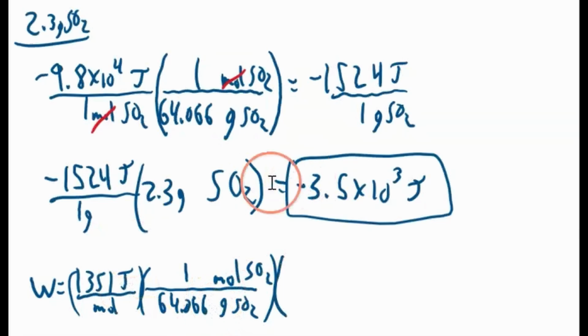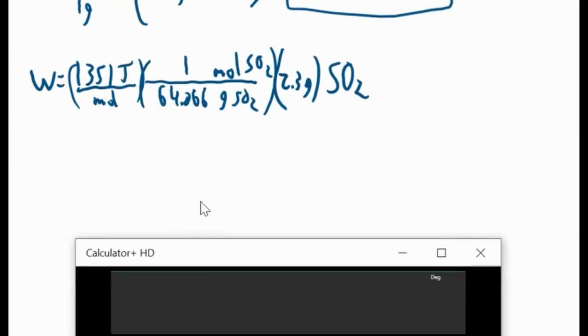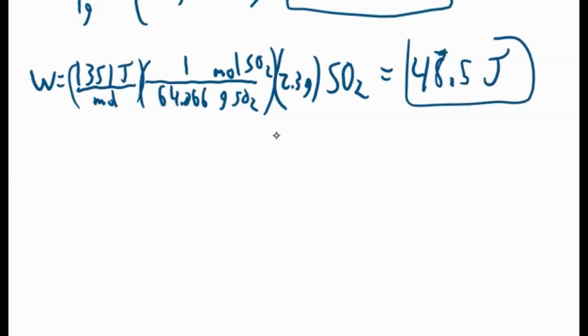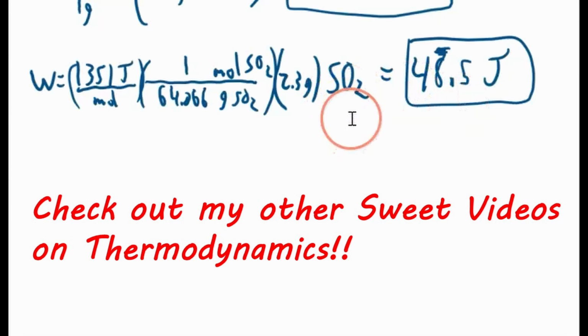And now that we're in grams, we just need to multiply this by the 2.3 grams of SO2. So we'll plug that in. 1351 divided by 64.066 times 2.3, and 48.5, 2 sig figs, 48.5 joules of work performed when that 2.3 grams of SO2 reacted.